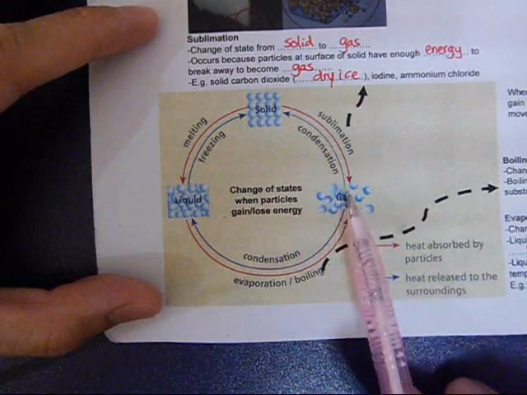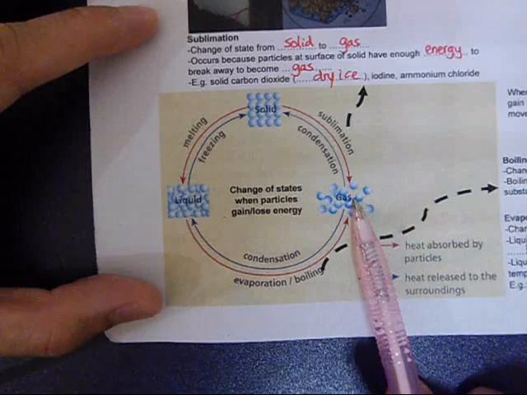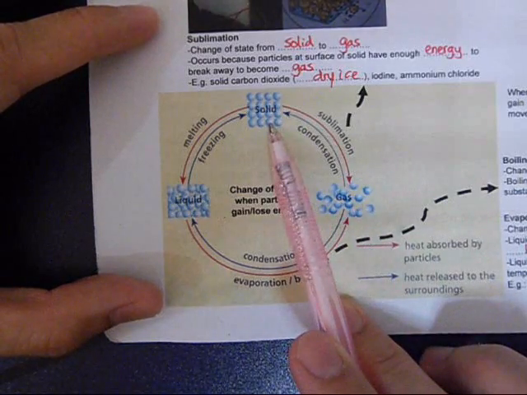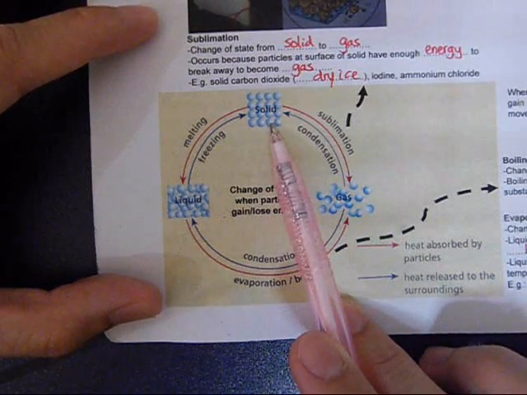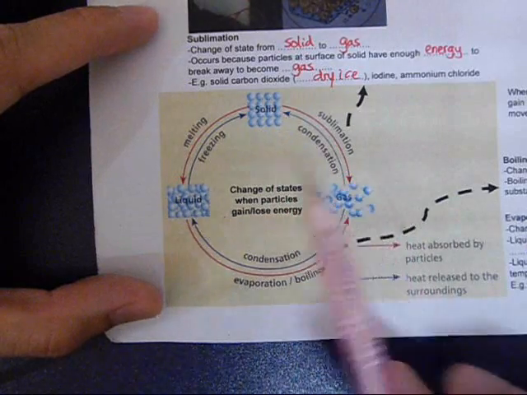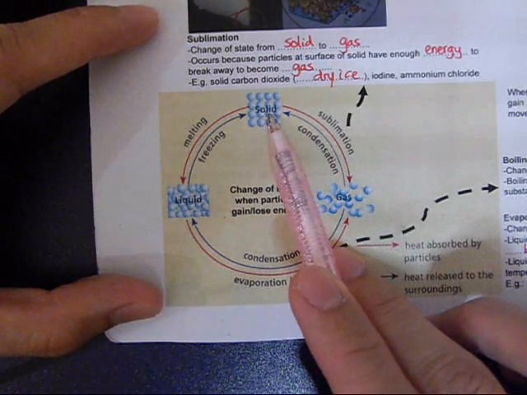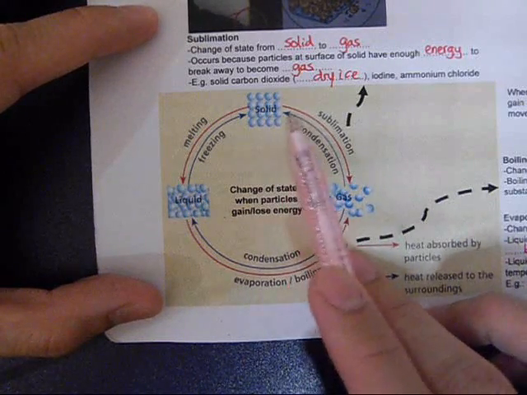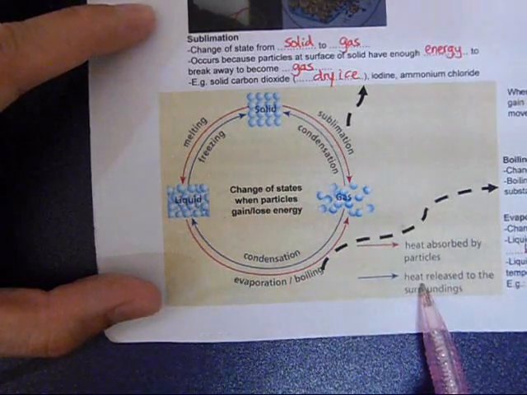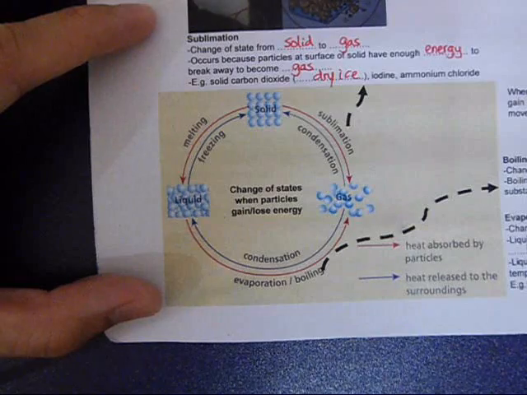So in order to go from more energy to less energy, the energy must be released. Therefore, in order for a substance to change from gas to solid, energy must be released. The blue line here means energy must be released to the surroundings.